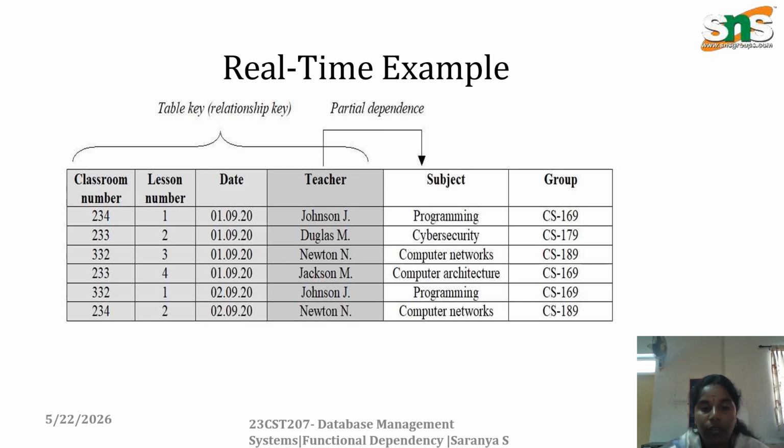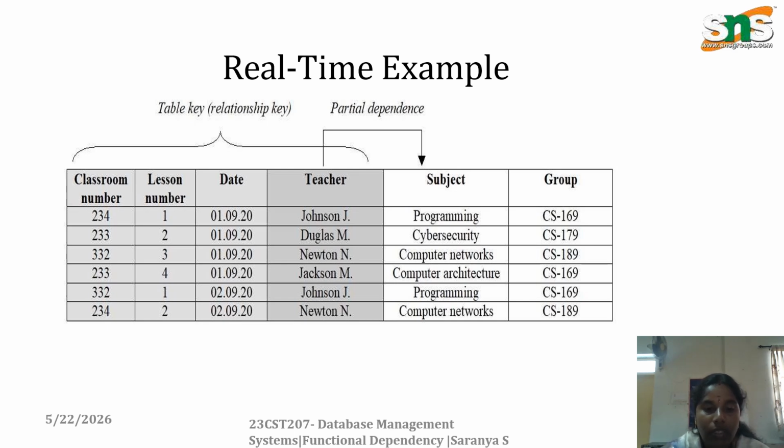For example, a tends to b where b is a subset of a is a trivial functional dependency. The following dependencies are also trivial: a tends to a and b tends to b.